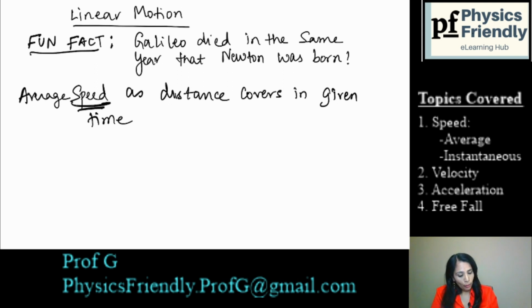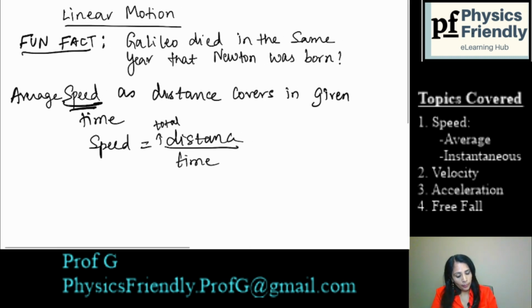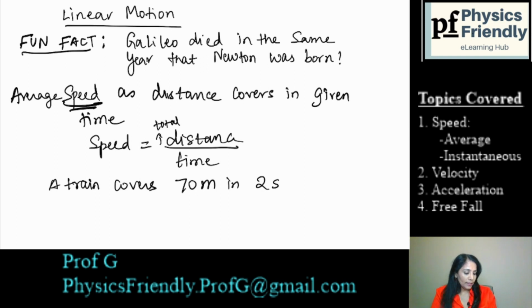So in equation form, our speed becomes distance over time. Precisely, this is our total distance over the time interval given. So let's say I have a train which covers 70 meters in 2 seconds, right?